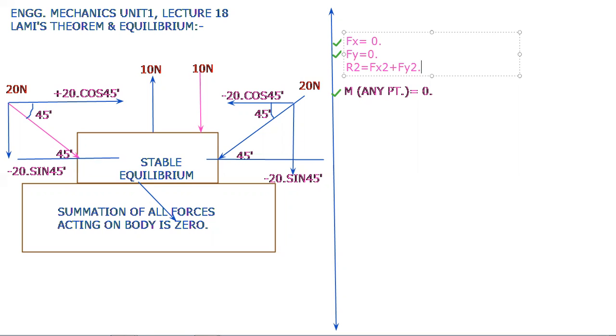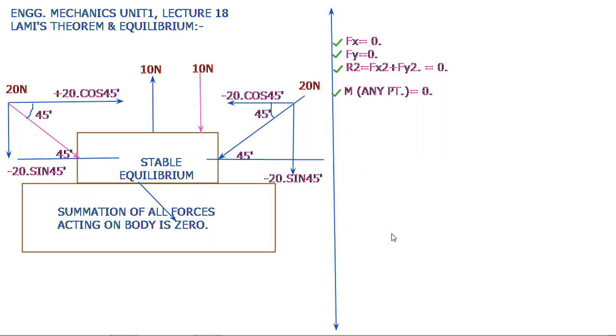If this value also becomes 0, then your resultant is 0 and your body is in equilibrium.